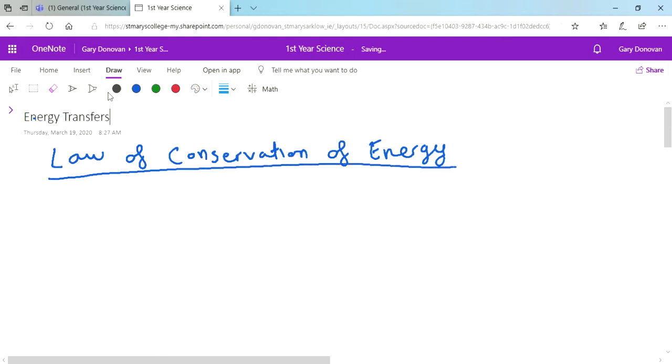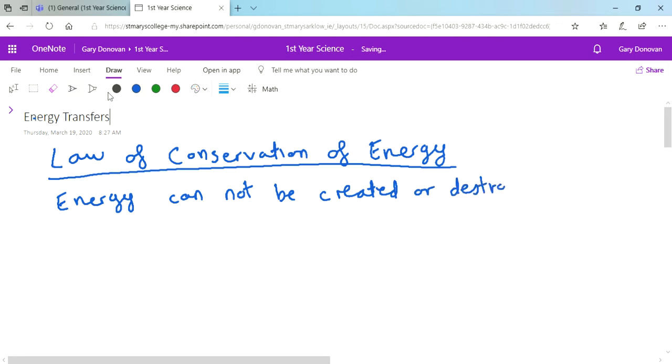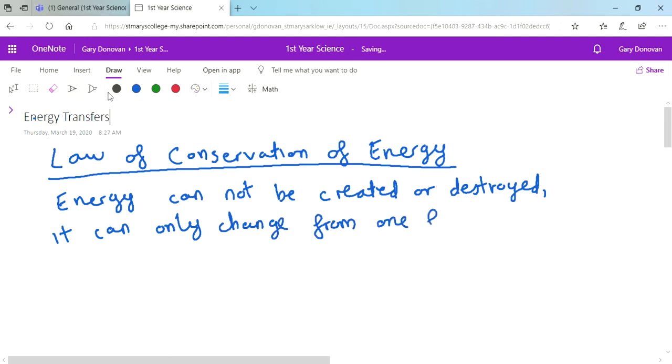What the law of conservation of energy says is that energy cannot be created or destroyed, it can only change from one form to another.